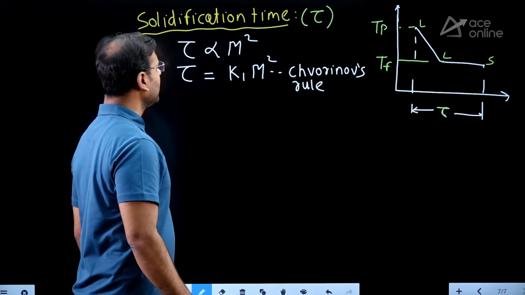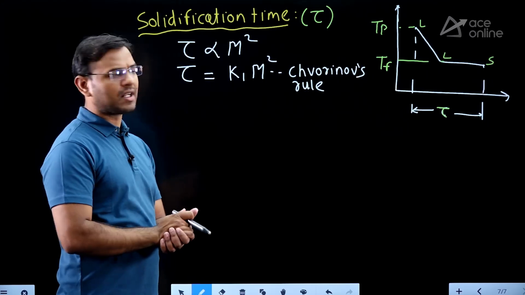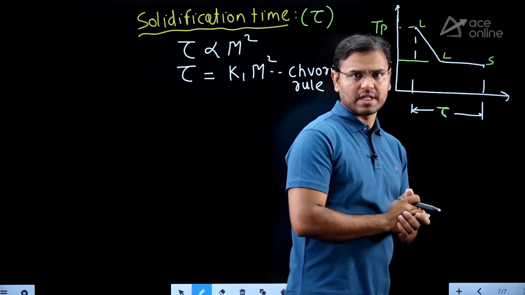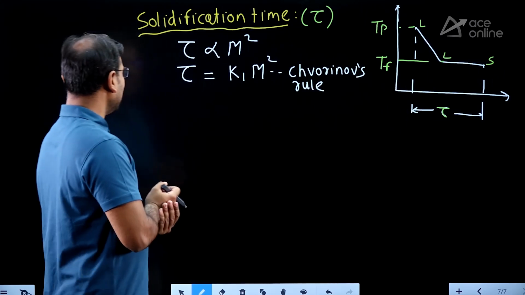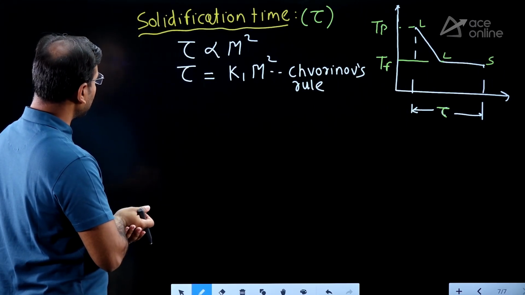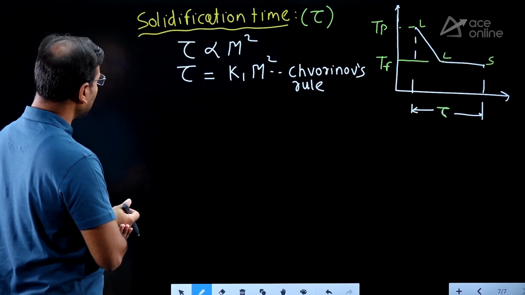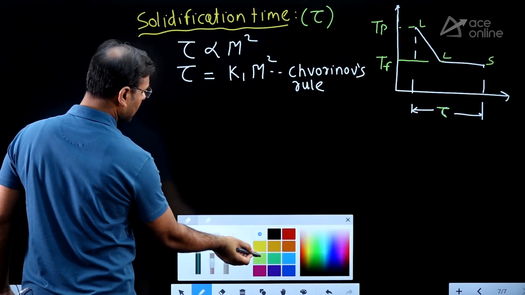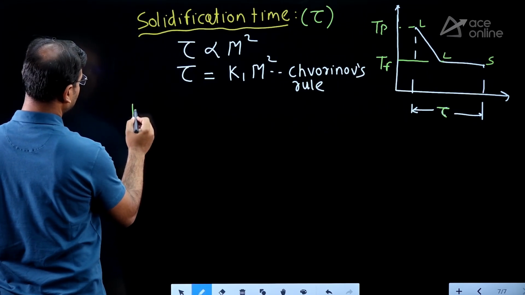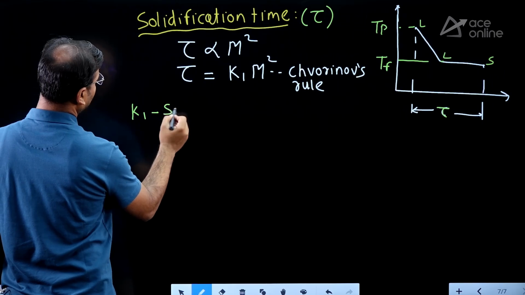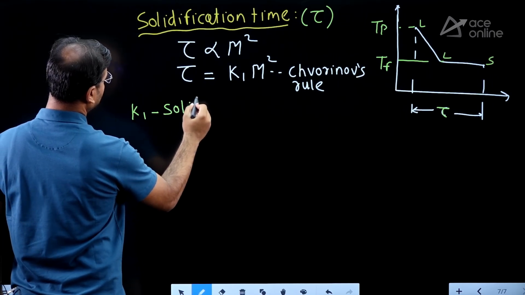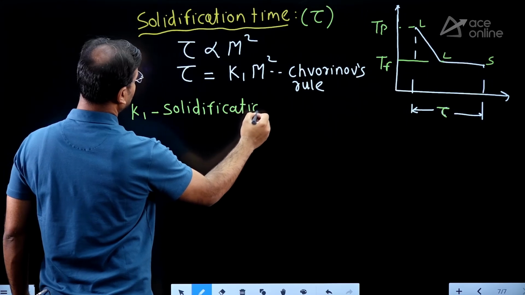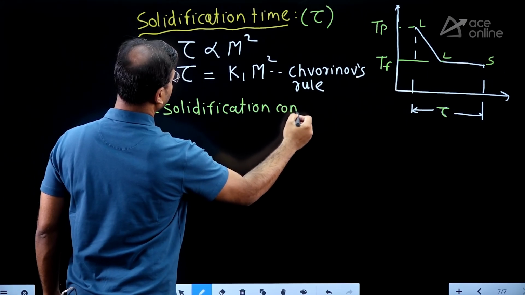Tau is the solidification time, which I have written here. Then tau is equal to K1 into M square. You know what K1 is here, guys? K1 is a constant, which is known as the solidification constant.